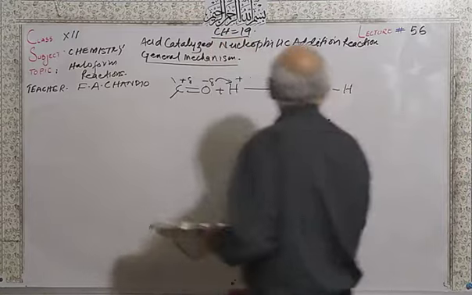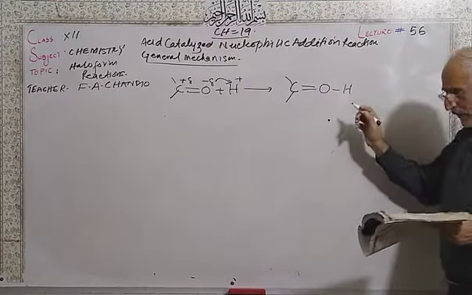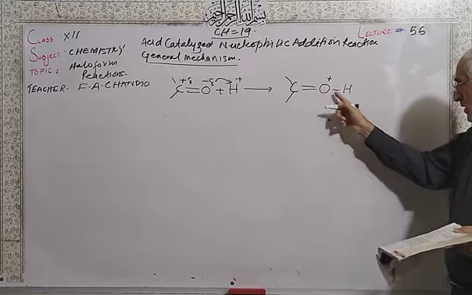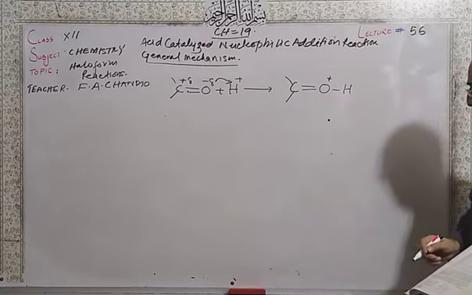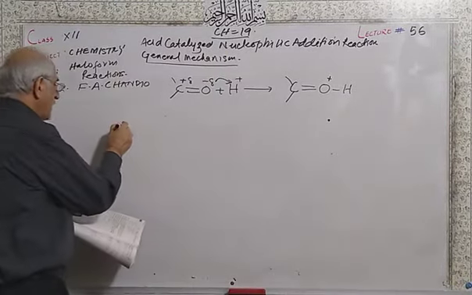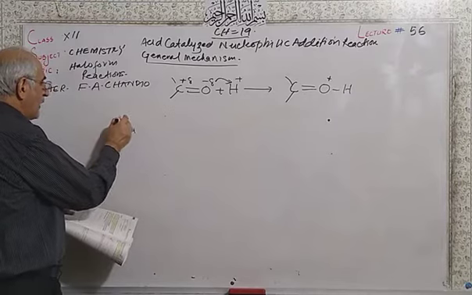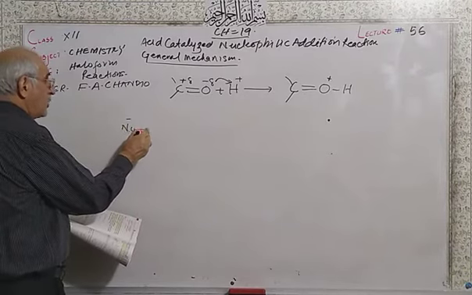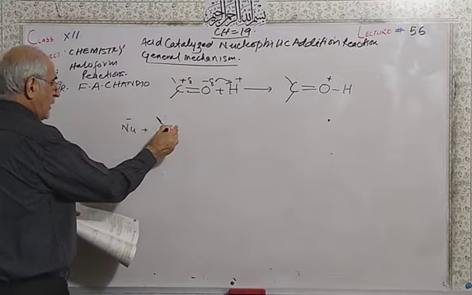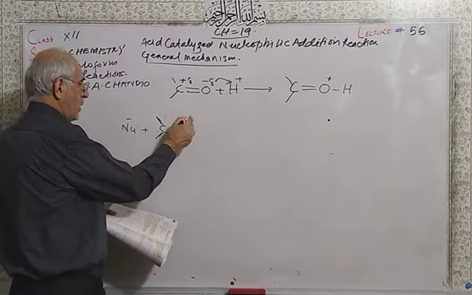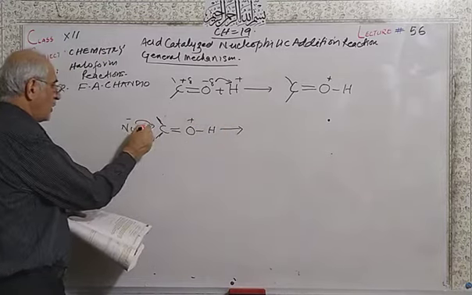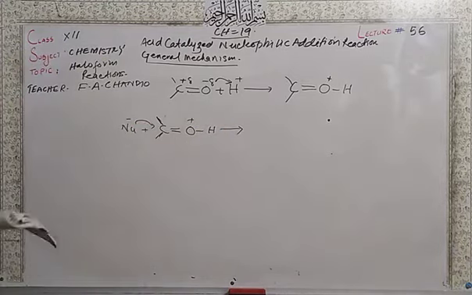you will get this. Now the valency of the oxygen is going to exceed, 2 plus 1, 3. So a positive charge is created here. Then the nucleophile is going to attack the carbon, the electrophile.